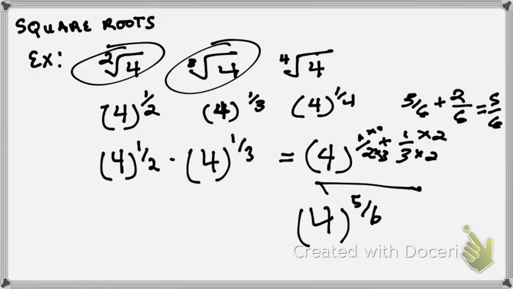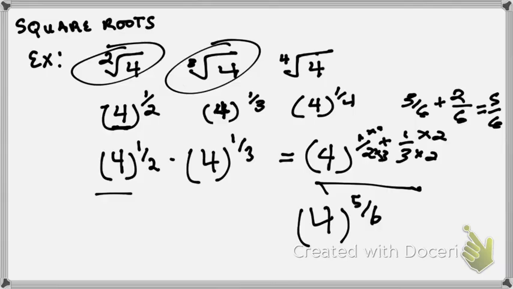So when talking about square roots, we need to learn how to manipulate square roots, cube roots, fourth roots, so that we can multiply square roots, cube roots, and get the answer in a quick and efficient way, right? Using the same bases.